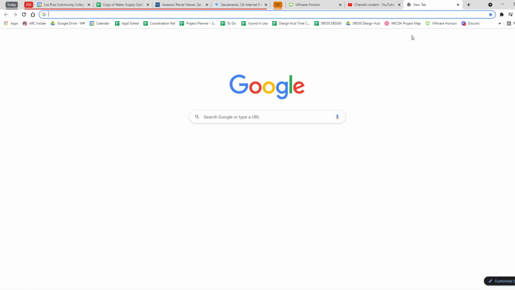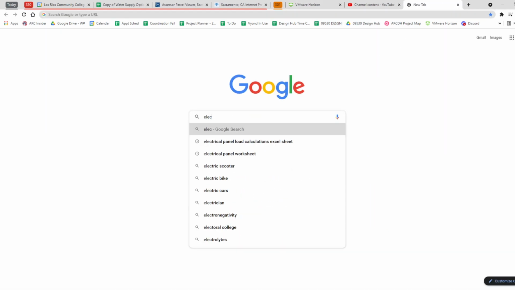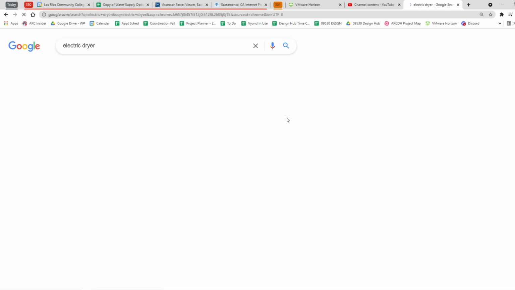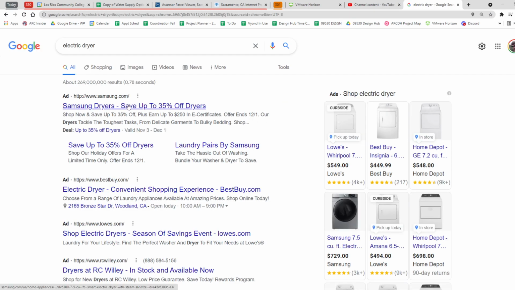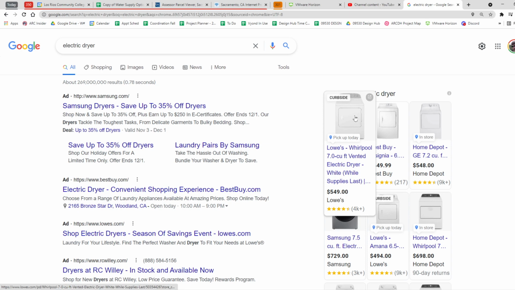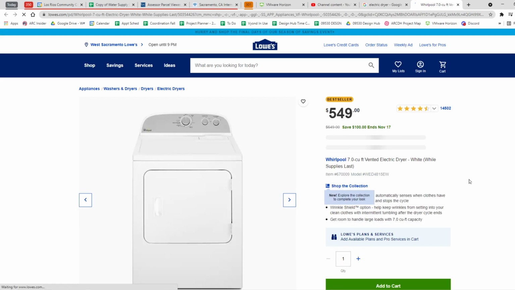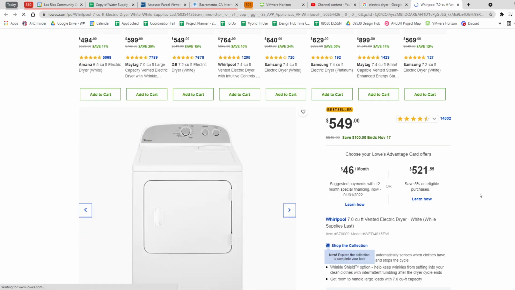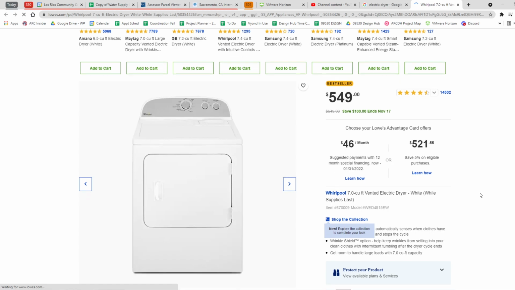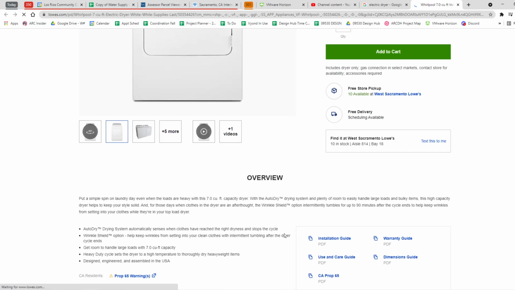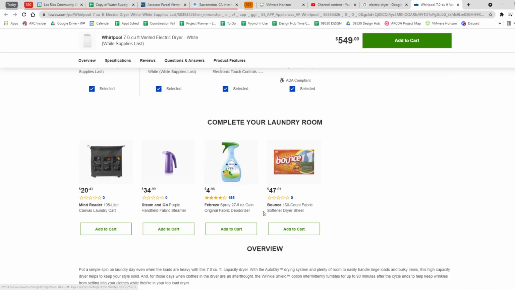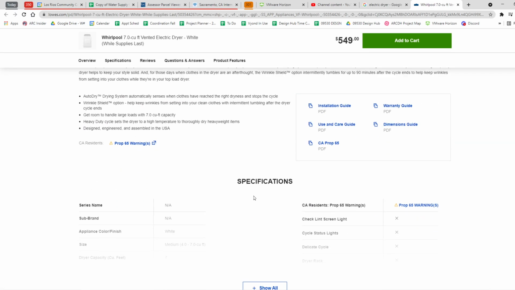Let's just look up electric dryer. Samsung electric dryer. Here we go. And you can just go to the specifications. Somewhere along here, you'll see the specifications. It's usually way down, buried at the bottom somewhere.